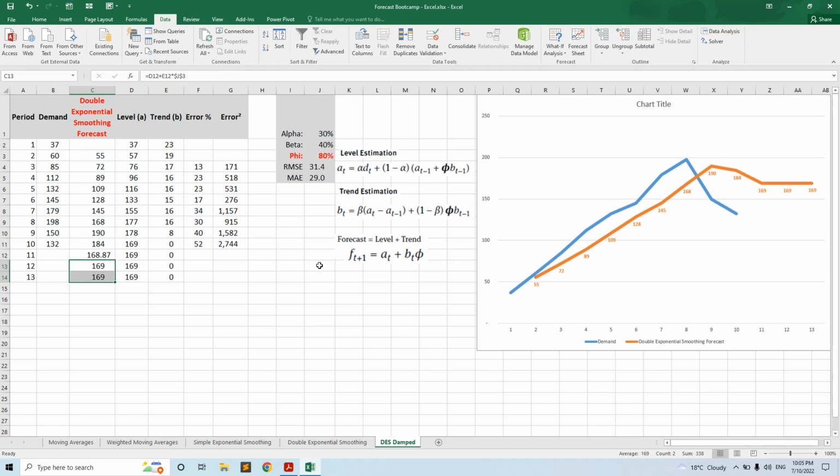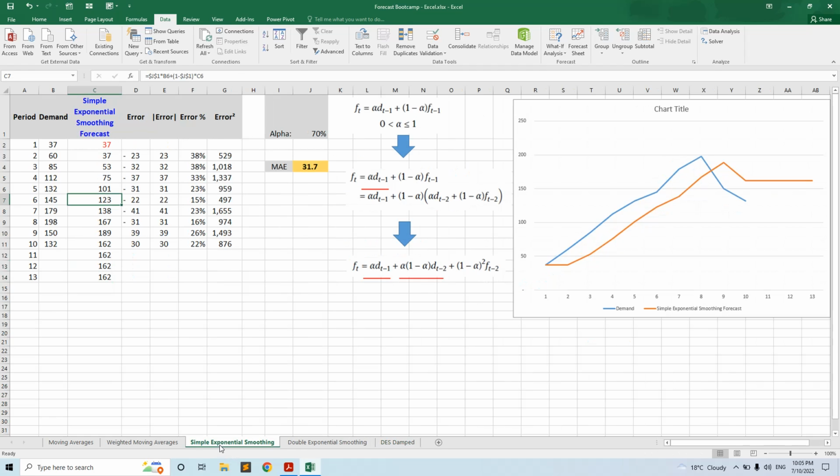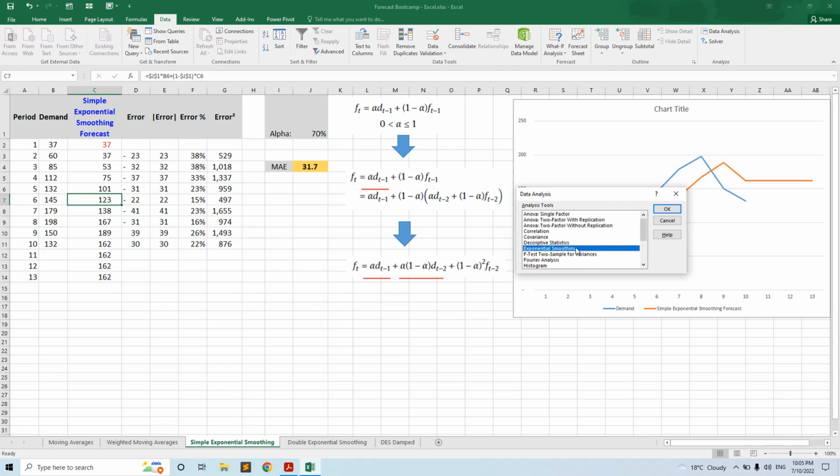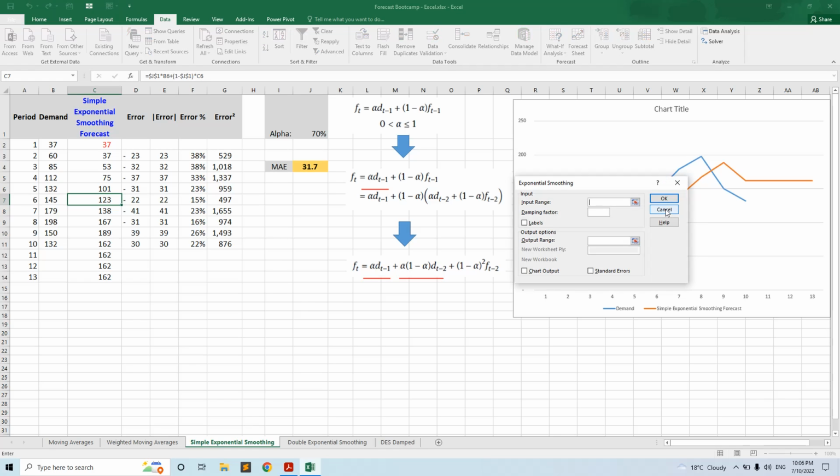One thing I want to show you before we finish this video, in Excel, in the Data Analysis ToolPak, we have the exponential smoothing tool, but this is only for the simple exponential smoothing.